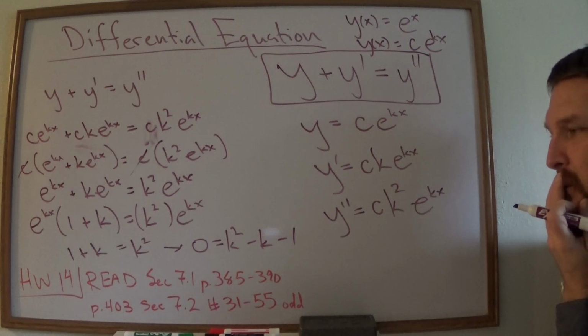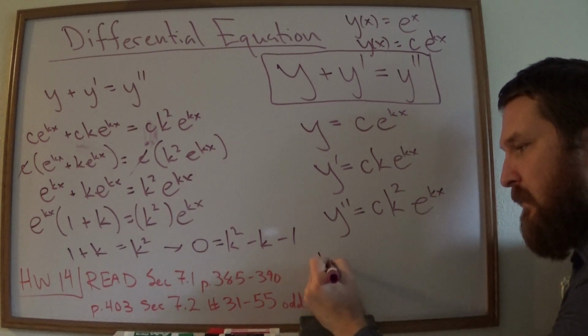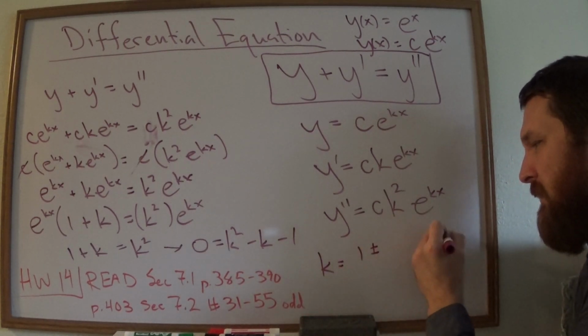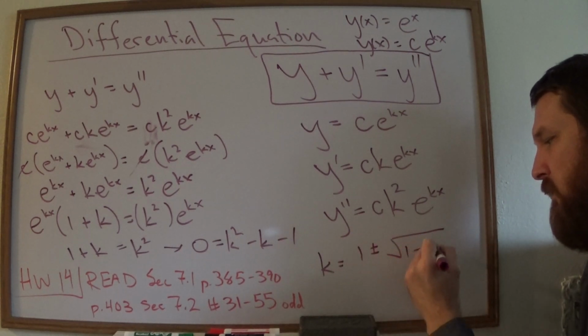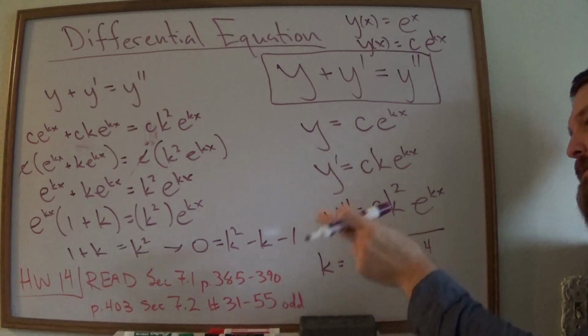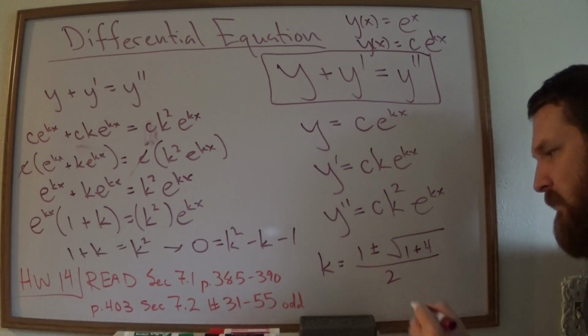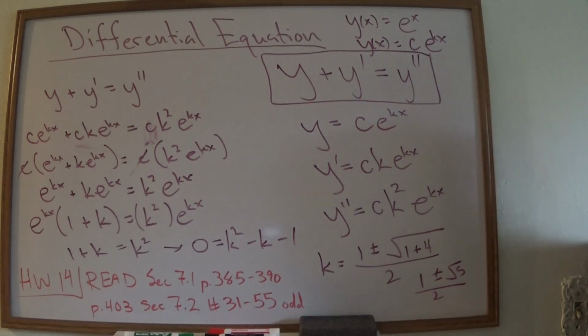Wait, no, that doesn't work. Can you factor? I don't think so. But k should equal 1 plus or minus the square root of 1 minus 4 times a times c, which makes it a positive, all over 2. And so we have 1 plus or minus root 5 over 2. So the golden ratio, that's kind of cool.